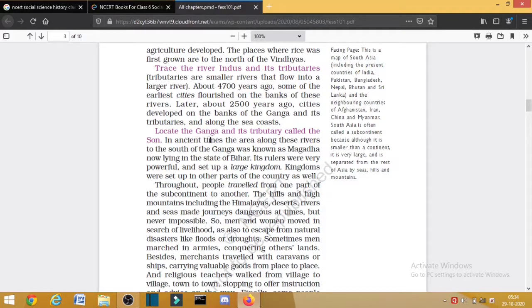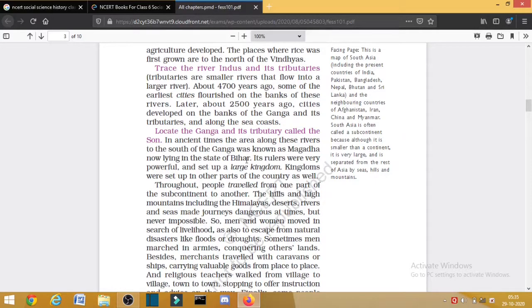In ancient times, the area along these rivers to the south of the Ganga was known as Magadha. In ancient times, during those days, long back, it was known as Magadha. It is the old name. Now it lies in the state of Bihar; it is not called Magadha now.